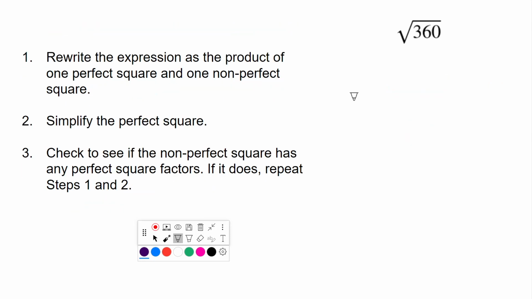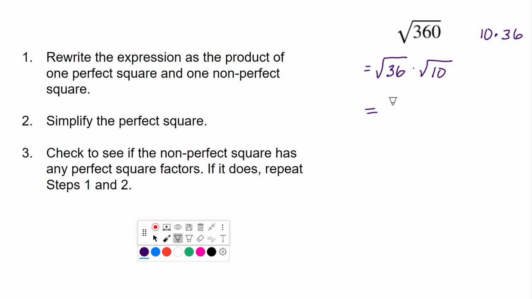Here we have the square root of 360. Whenever I see a 0 like this, I automatically think, oh, 10 times something. In this case, it's 36. Well, I know that 36 is a perfect square. So I can write this as the square root of 36 times the square root of 10.